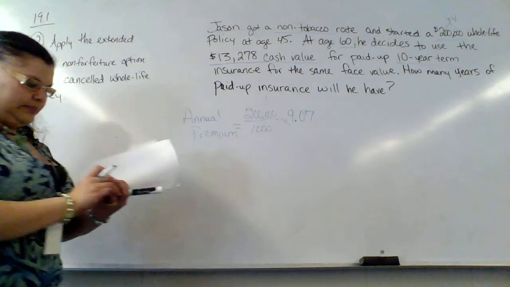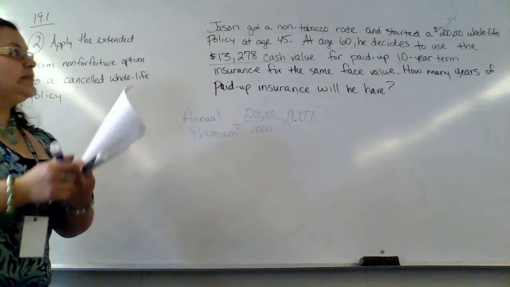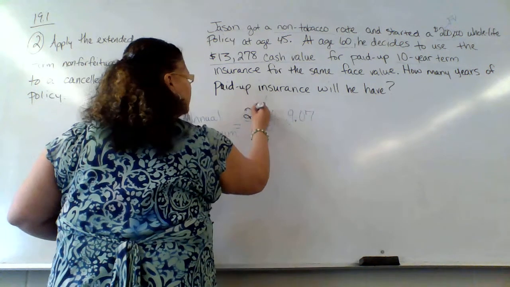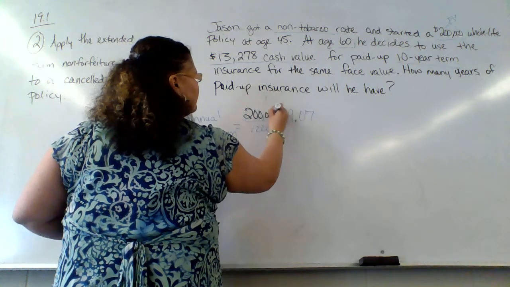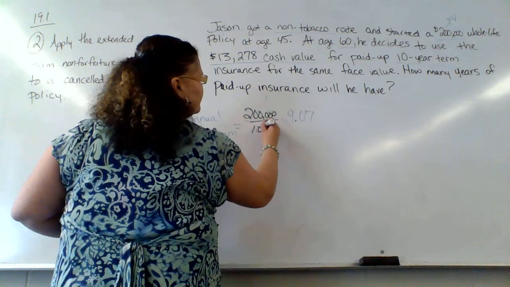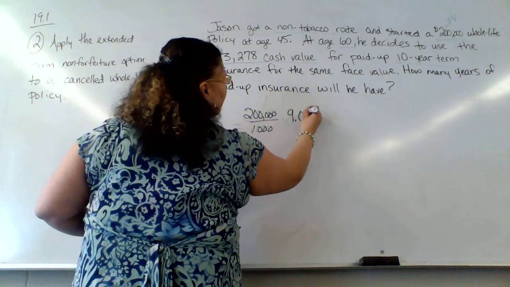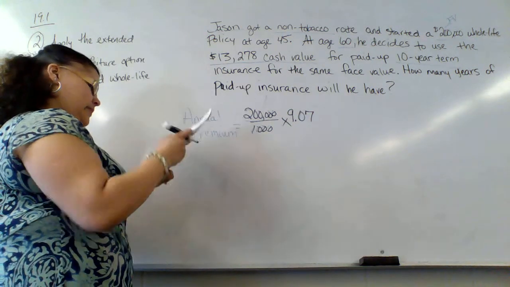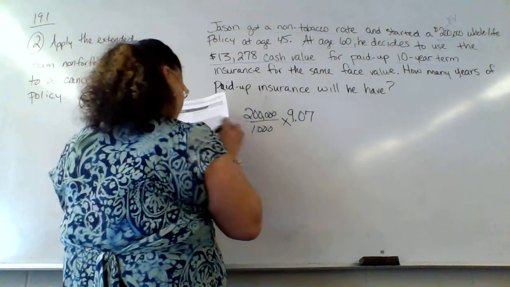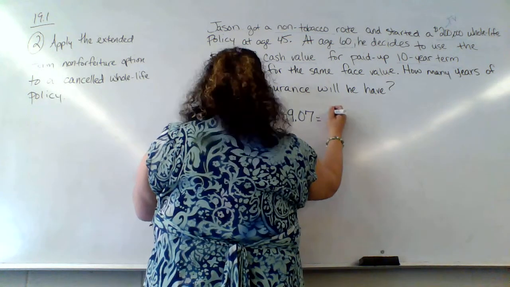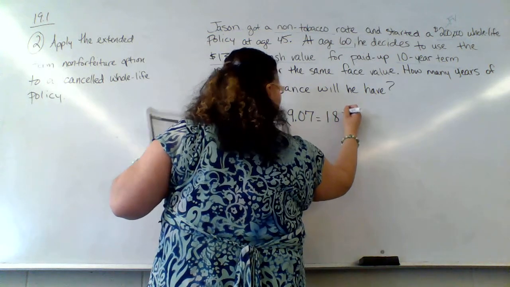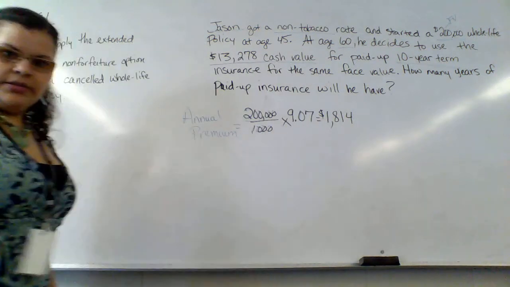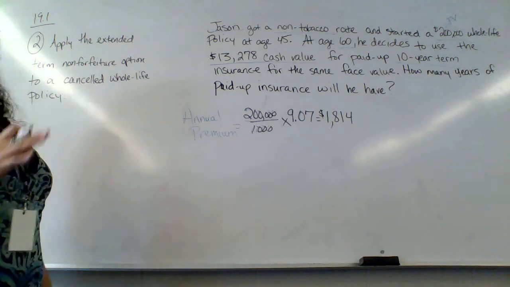Okay? Multiply by that rate. And once you do all that, you will end up with $1,814. So that's how much the annual premium will be.